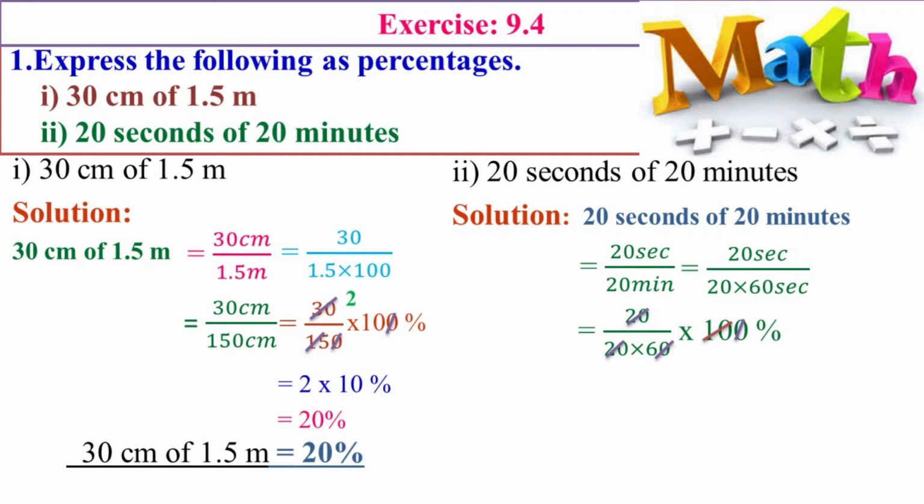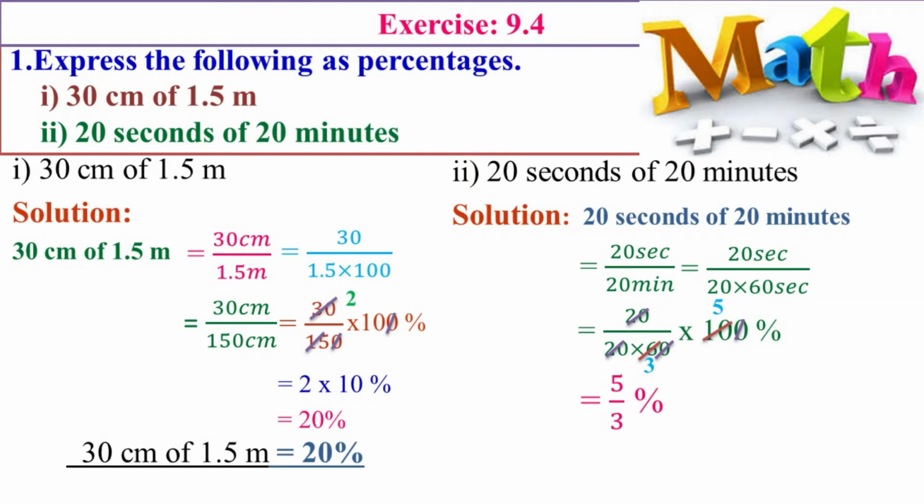Again we can cancel by 2 because 2 is the common factor for 10 and 6. On cancelling, we get 5 on the numerator and 3 on the denominator. Now the fraction is 5 by 3 percentage.